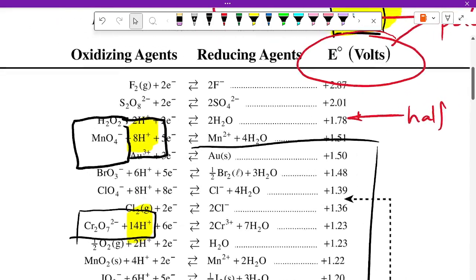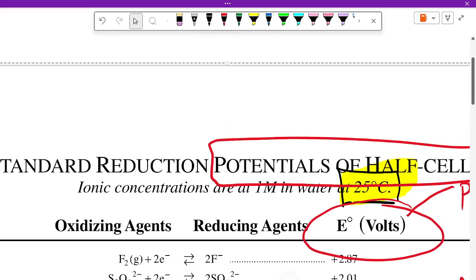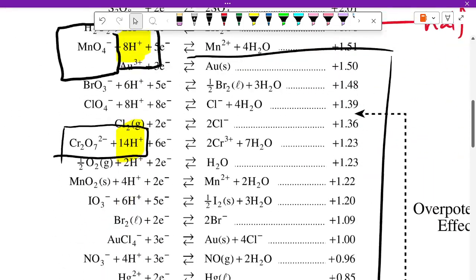And you'll notice, they are right up at the very top, especially the permanganate. So they will react spontaneously with just about everything. Because they are color changing, they will act as their own indicator, and because they are so high up on the table, those are very often good choices for substances to titrate something else with, as long as you're trying to titrate a reducing agent.